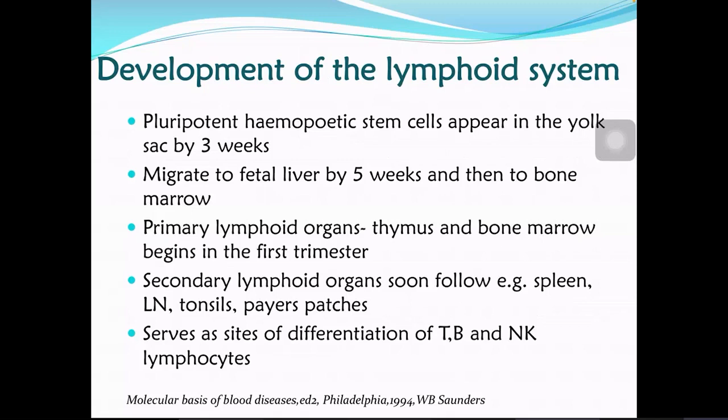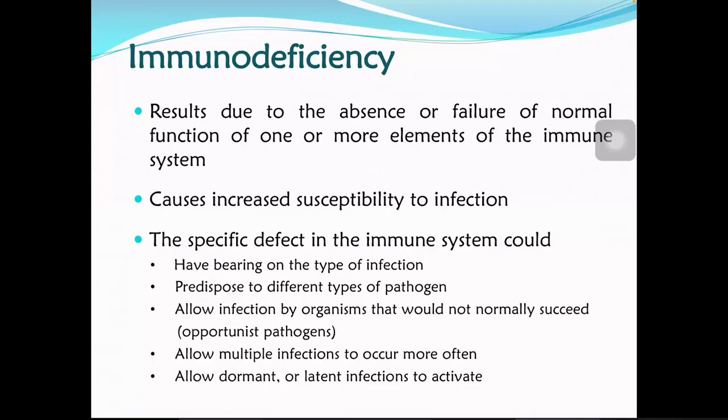All these sites, the primary and the secondary lymphoid organs, act as sites for differentiation of T cells, B cells, and the natural killer lymphocytes.